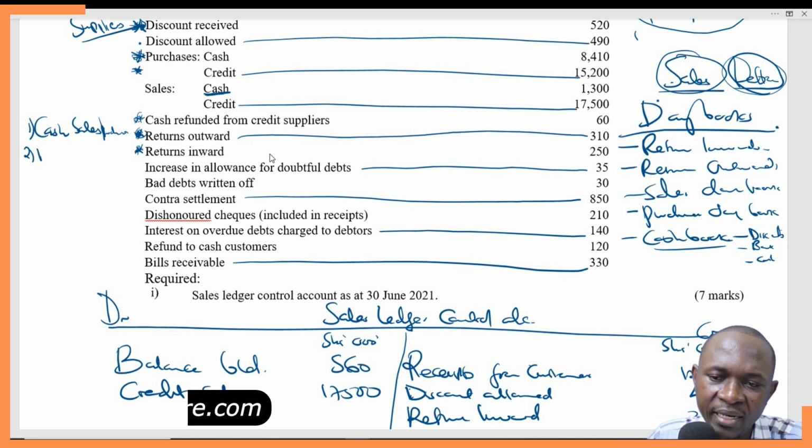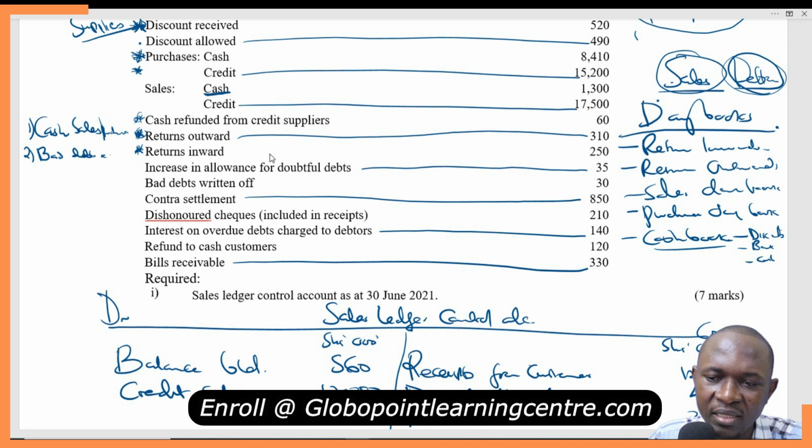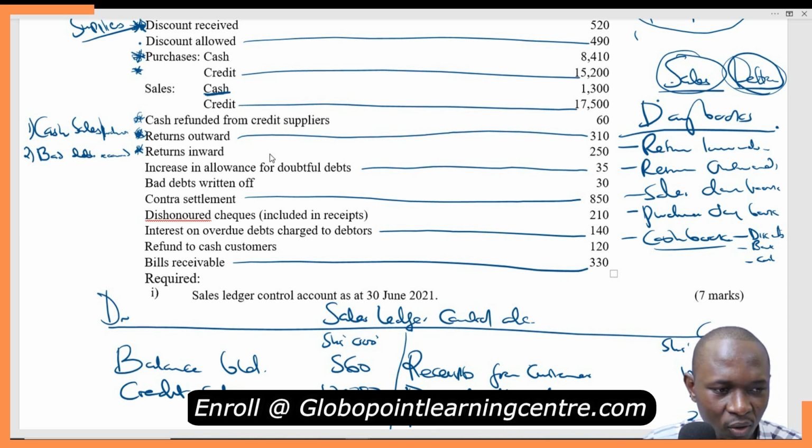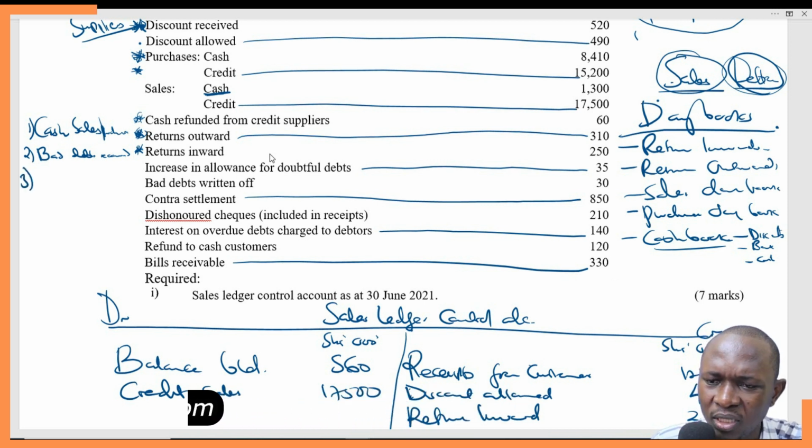Then the bad debts recovered, they also don't have space in the ledger control accounts. Bad debts recovered, those ones you see them, ignore them. Then increase or decrease in provision for bad debts.